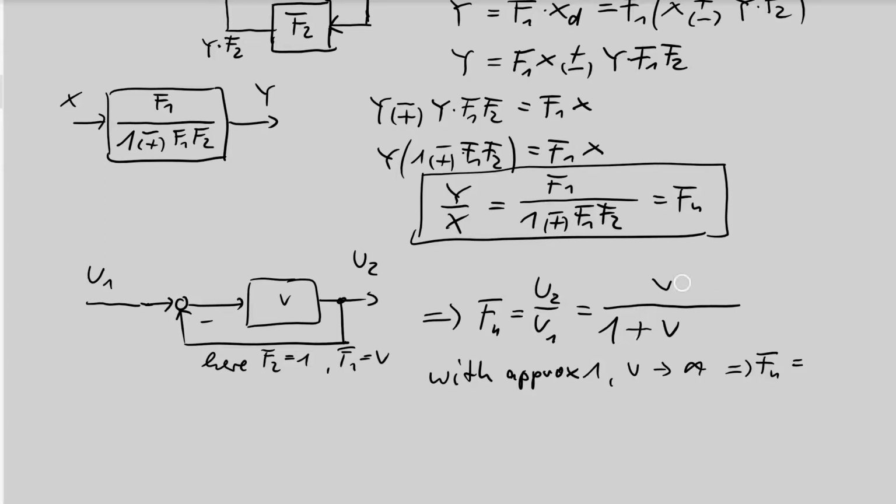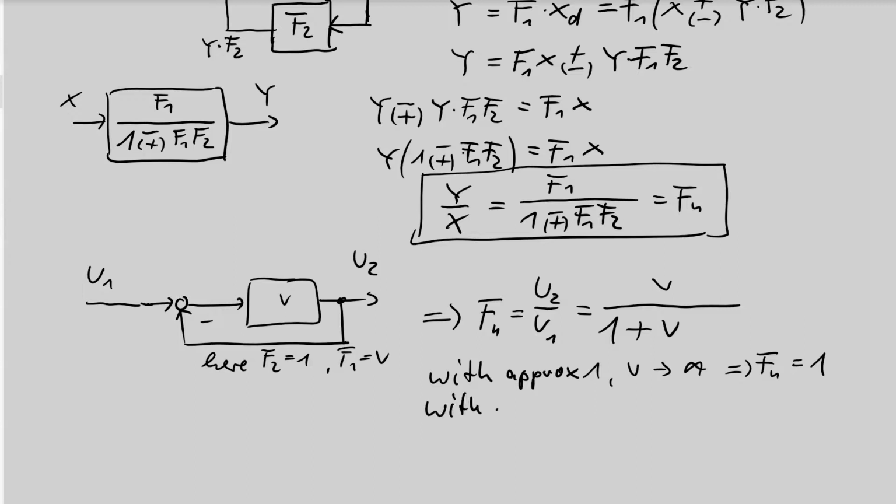I can divide both numerator and denominator by V, then this is 1 over V, this is a 1, this is a 1, and 1 over V goes to 0, so this is 1. So the voltage gain of this circuit is 1 if the differential amplification factor, the differential gain, is infinity.